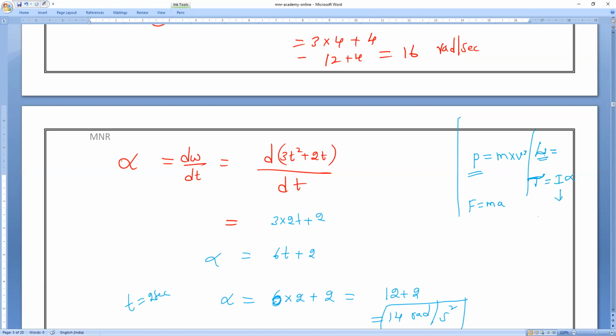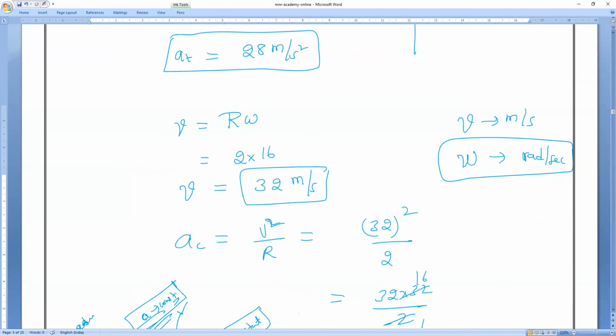What do you mean by I? Moment of inertia. In 9th class we studied that mass is directly proportional to inertia. Mass is related to linear motion and inertia is related to angular motion. So tomorrow's class will continue with moment of inertia, its direction and everything, and what equations are always true if the equations of motion fail.